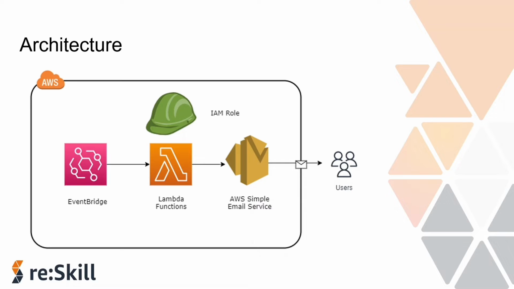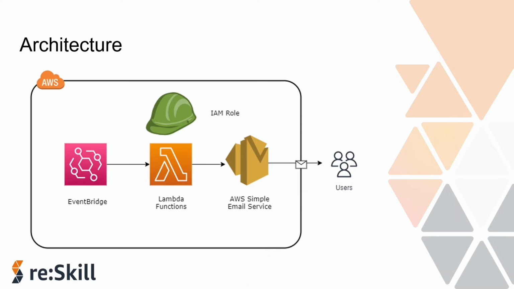The Lambda function will have the support of the IAM role. That means it will have the necessary permissions to access the simple email service. In the Lambda function, we will have the code to send email using simple email service. So when the event triggers, the Lambda function will automatically send the mail to the destination email.